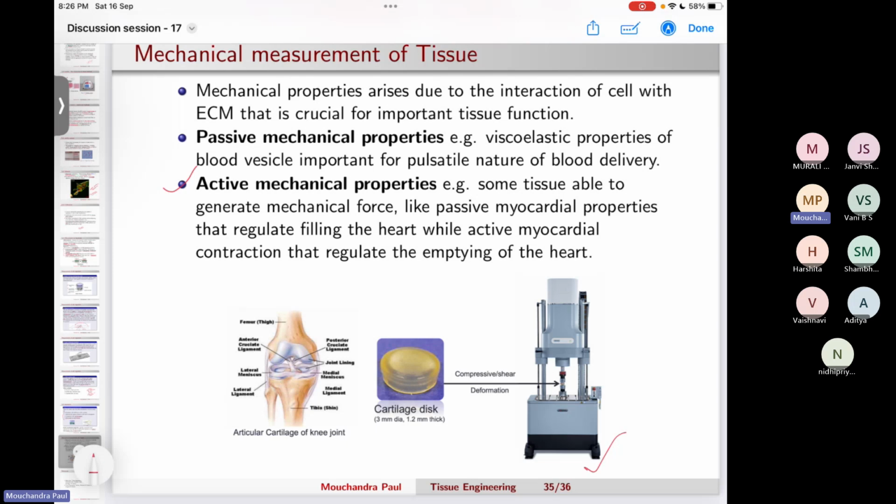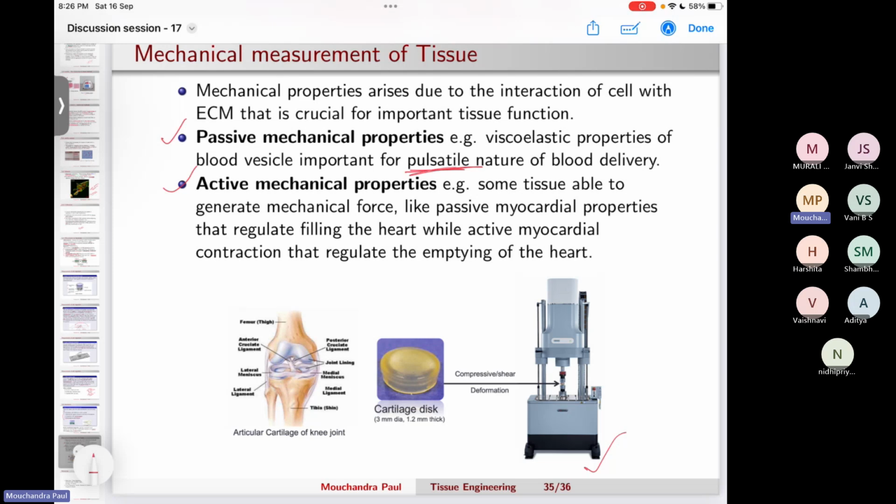So these kinds of active techniques are generally used, but there are passive techniques as well, like the viscoelastic properties, means like the pulsatile flow actually. The blood vessels are always pulsating, right? Because our heart pressure is increasing and decreasing, right? Systolic and diastolic pressure. Because of which there is a pulsating motion in the blood vessels, and through that you can quantify with how much stress the blood vessel is able to contract and relax.